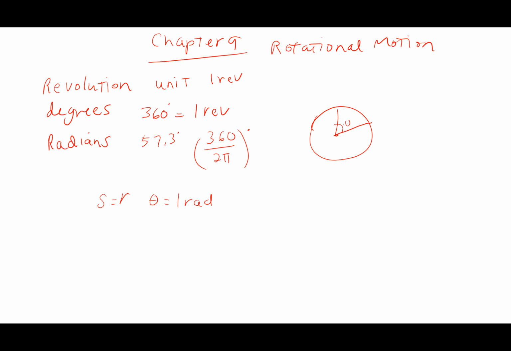This would be theta, your angle. This is going to be your S right here, this big thick area, and this will be your R. So theta is your angle determined by S and R. S is your length of the arc of the circle, and R is your radius of the circle. Another way to look at all this is 1 rev equals 360 degrees equals 2 pi rads.